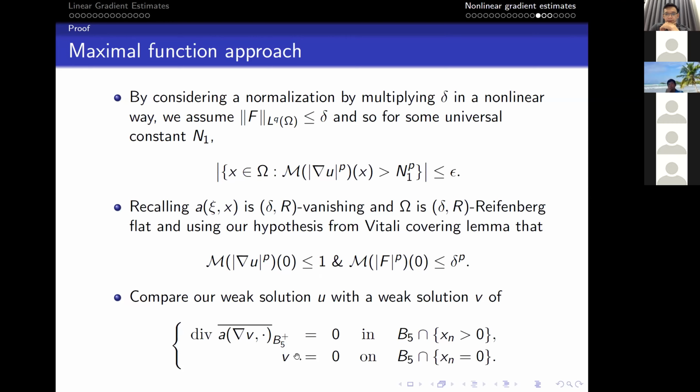And then we look at this limiting PDE, where the right-hand side is zero. By this assumption, f is sufficiently small, and my domain is sufficiently flat. This is a very flat domain. Then we can see that my solution u is very close to the solution of the limiting PDE. And also, I have the assumption that gradient u is really bounded.